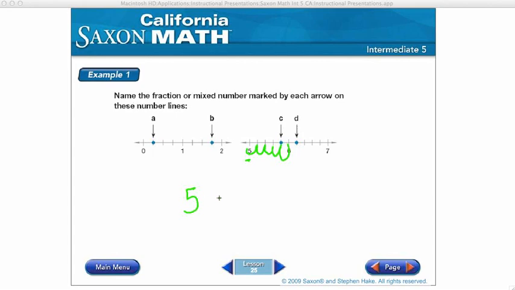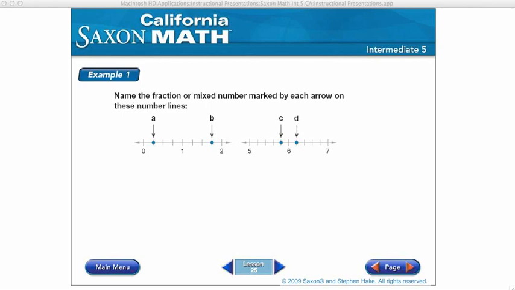So there are 5 spaces between the 5 and the 6. So these are split into fifths. Now I need to see how many spaces there are until I get to C for my numerator. So we have 1, 2, 3, 4. So point C is at 5 and 4 fifths.